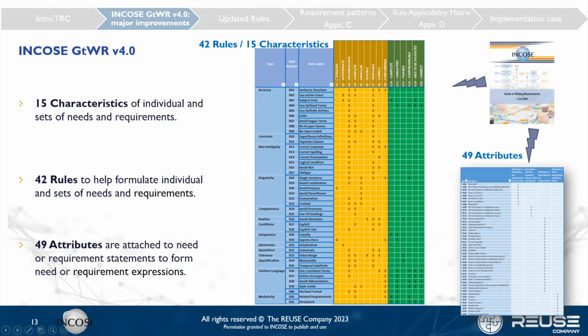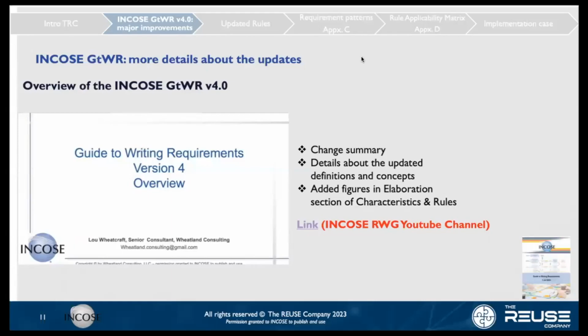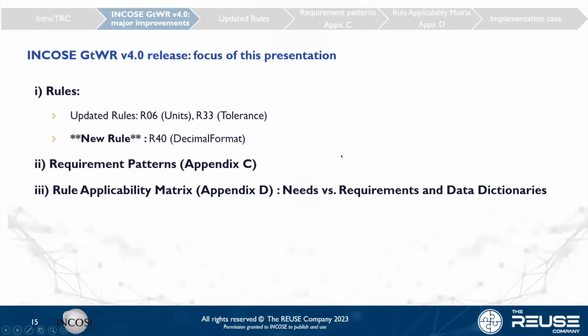Some of the rules to characteristic relationships here have changed, but I'm not going to get into the details of the changes here. And 3 more attributes have been added in this version. If you'd like to get more insight into this new version of the guide and check some more details, there's been some updates given during the IS 2023 meeting. And now I will focus on these 3 main improvements in the guide.